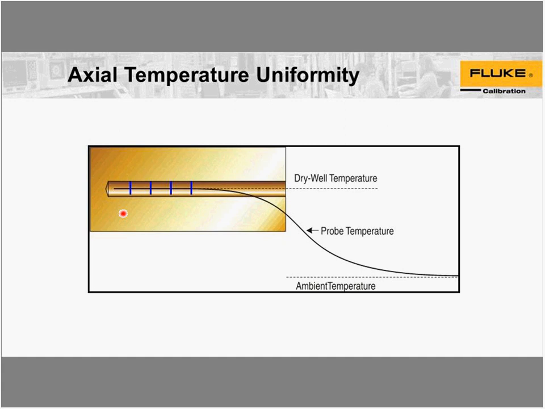We'll talk about the impact of different sensor lengths in a bit. What is recommended is a measurement at the bottom, then 20 millimeters up, and then 40, and 60 or more, depending again upon what your application is.